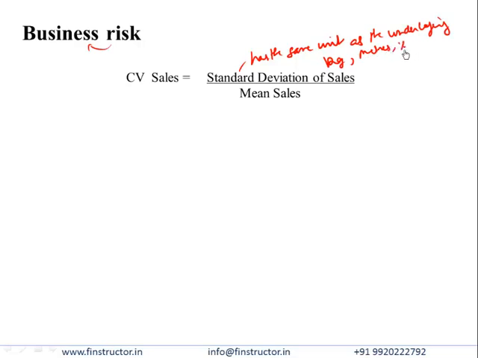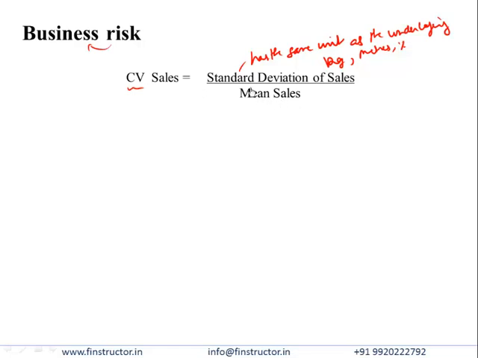So to make the standard deviation comparable across categories, we compute something called the coefficient of variation. And the coefficient of variation is calculated as the standard deviation divided by the average. We studied this in statistics as well.